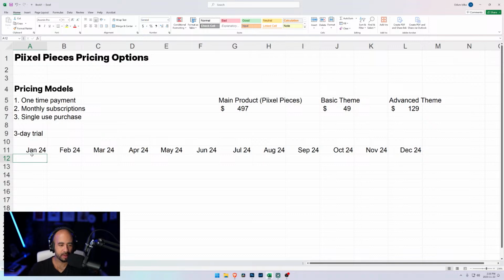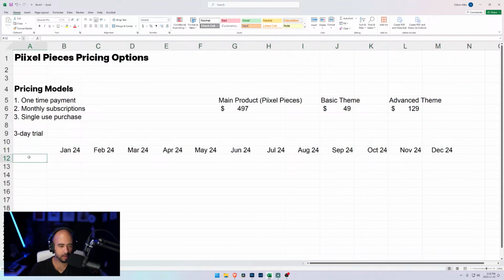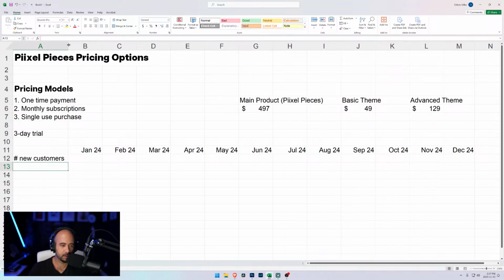Okay. So the first column, maybe we'll say number of new customers. For number of new customers, right? But we also want that for the different products.